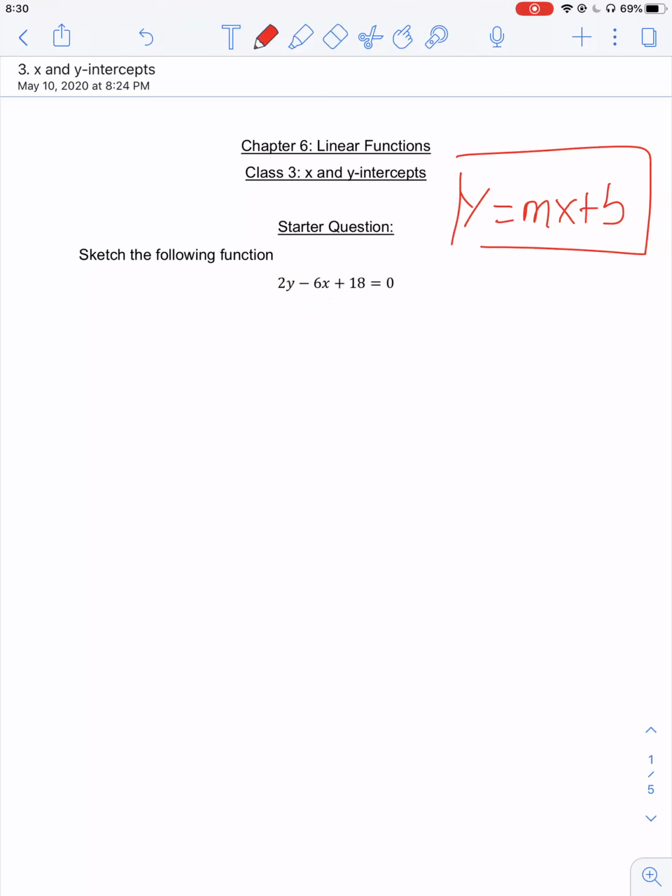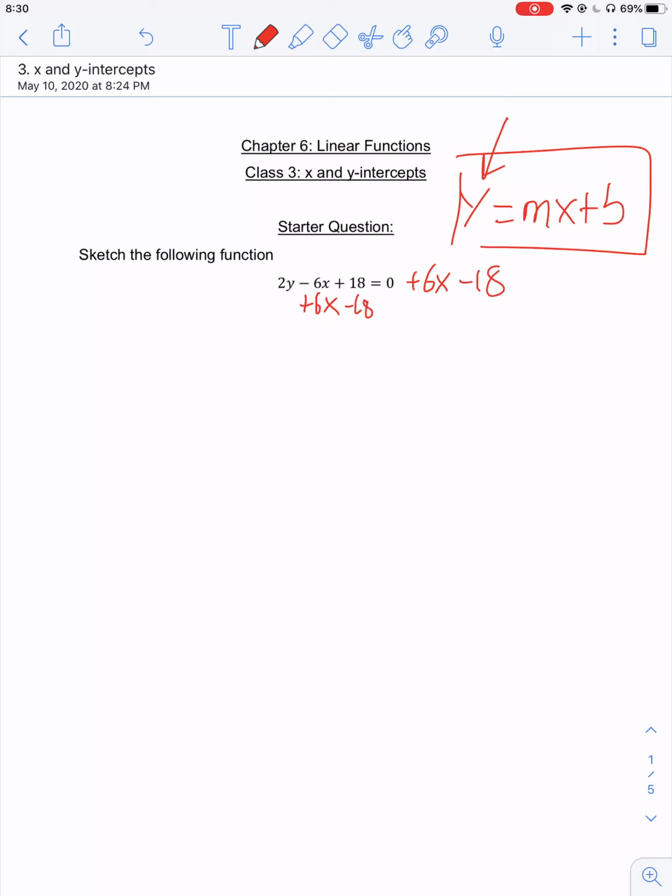Okay, as you can see in this equation, you need to isolate for y. That means you have to get rid of everything that's not y. There's many ways of doing this. If you have a minus 6, to get rid of this minus 6, you have to do plus 6, and then you do the same thing on the other side, so plus 6, and then the 18 becomes minus 18, and then you do minus 18.